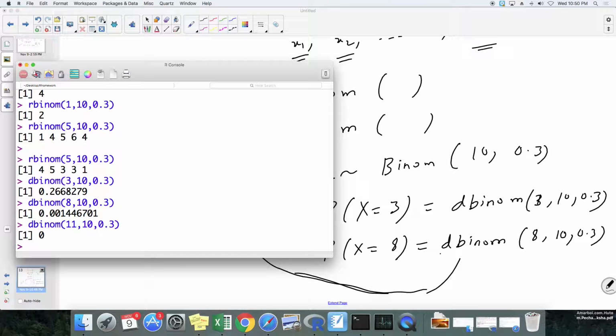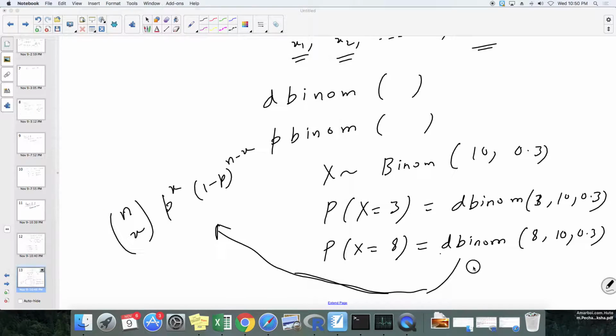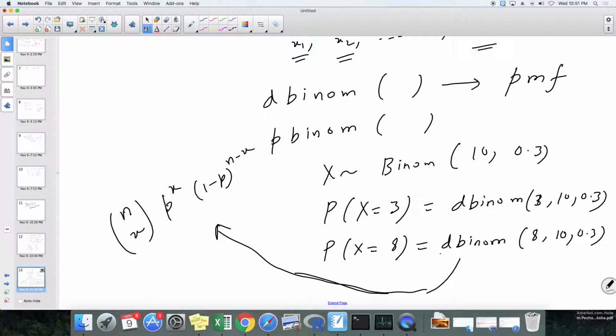Now pbinom. What we learned is dbinom is just the PMF, and pbinom will be the CDF.